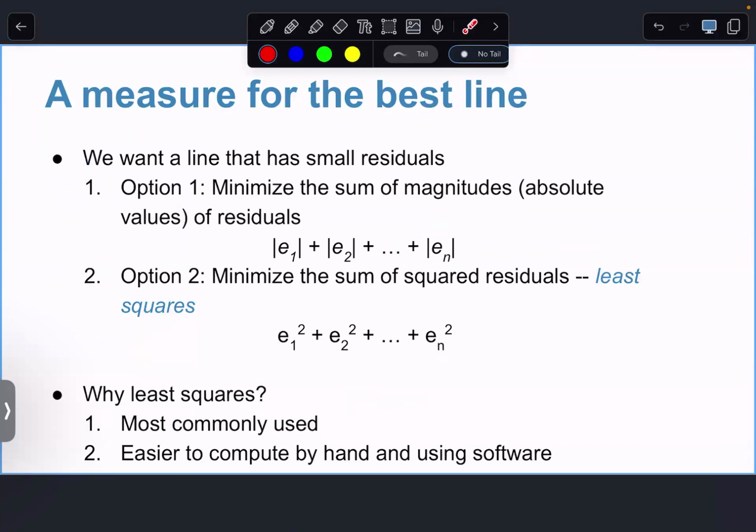So we've already established that we want a line that has small residuals, right? In fact, we want to minimize the residuals. But if we're trying to minimize a value, and some of them are negative and some of them are positive, if I add those all up, then I end up at 0. That's just how the line works.